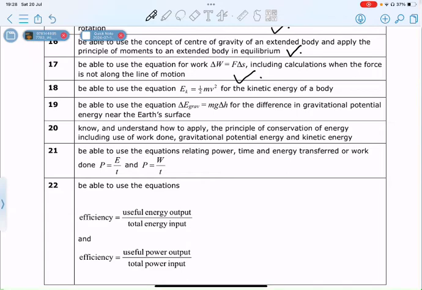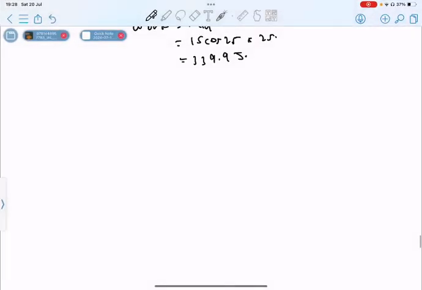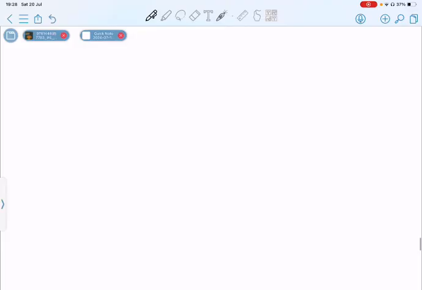Be able to use the equation of kinetic energy of a body. How do we define kinetic energy? So KE, which is kinetic energy, is the energy an object possesses due to its motion.